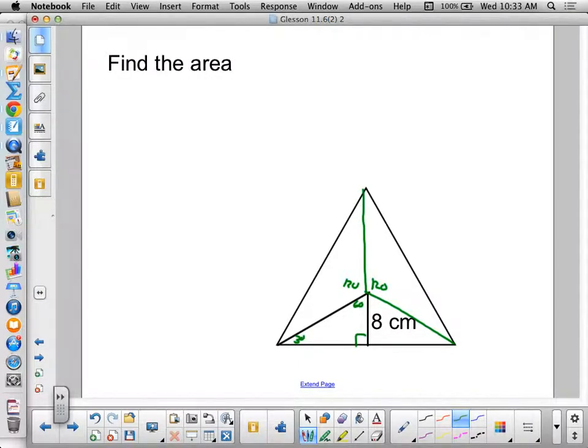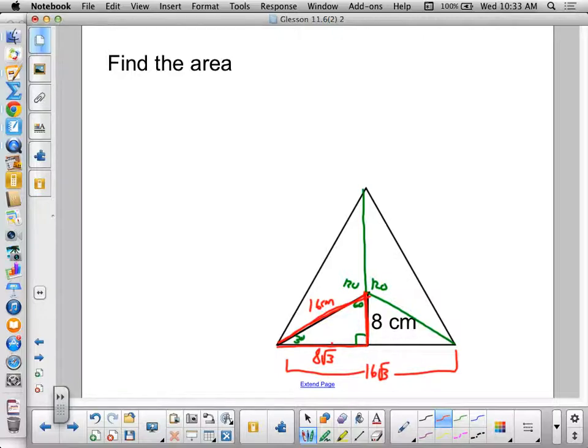So if this side of the 30, 60, 90 triangle is 8 centimeters, right there, how long is the hypotenuse going to be? And how long is this side going to be right here? Okay, so how long is the whole base going to be? Whole side? 16 root 3. I've got everything I need now to find the area of this triangle.